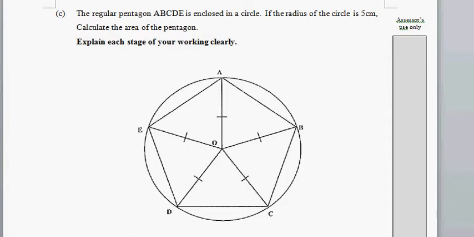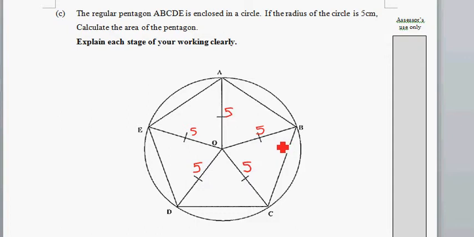It's a regular pentagon enclosed in a circle. We're told the radius of the circle is 5 centimetres, so if we look for all the radiuses, there's one here, 5 centimetres, and there's another 5 centimetres all the way around. Radiuses of 5 centimetres.